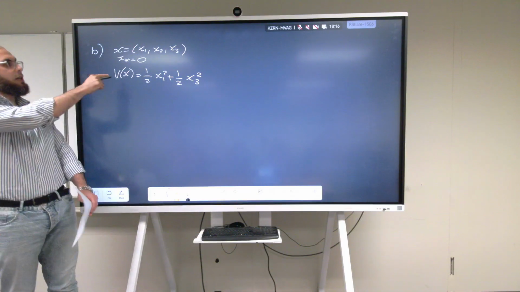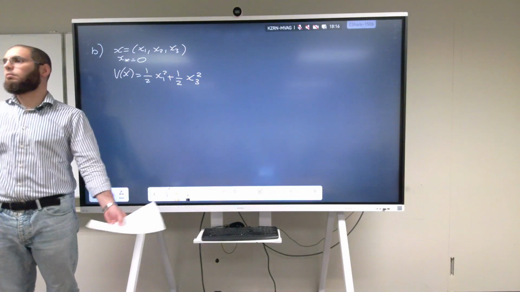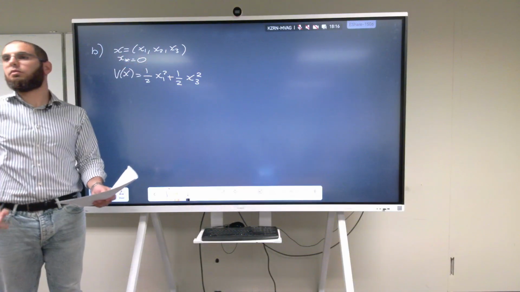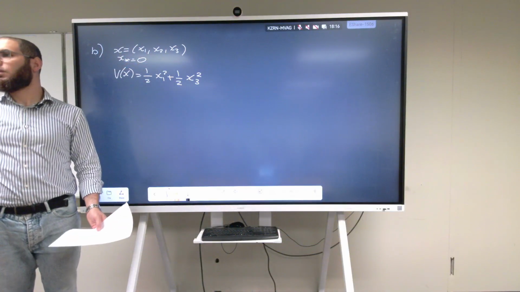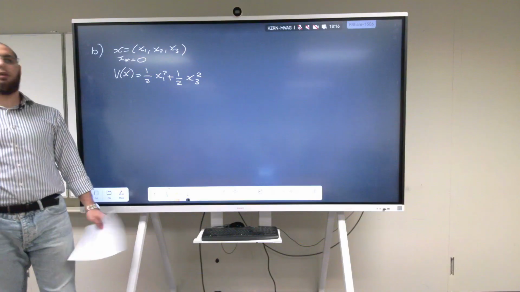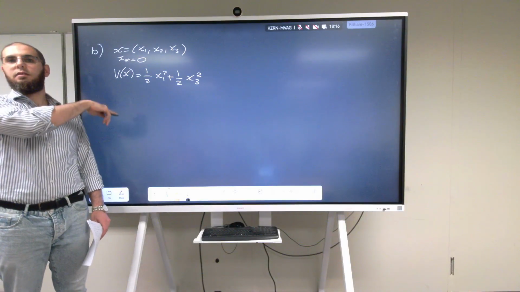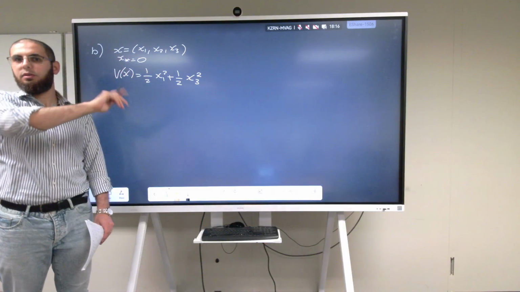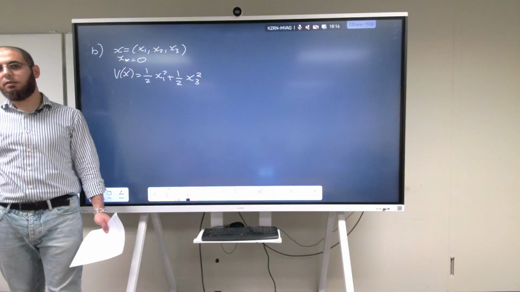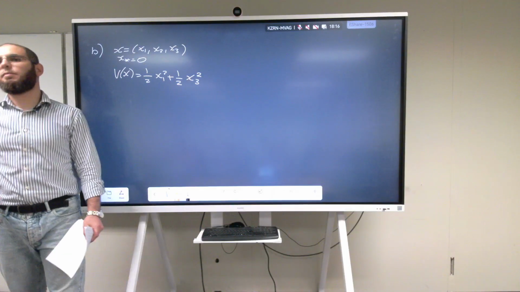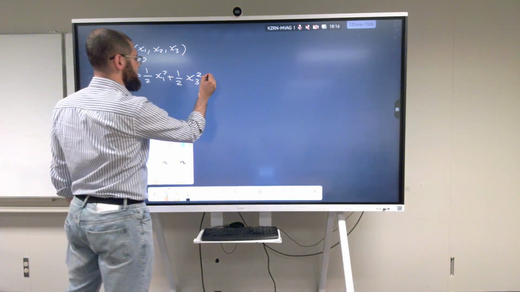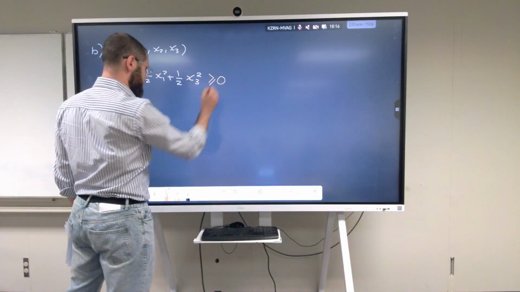So if I put x2 equal to 10, and x1 is 0 and x3 is 0, I get V is 0. Any value of x2, you always get V equal to 0. Is that the definition of positive definite? It's the definition of positive semi-definite. So just from this check, you can see that this is positive semi-definite.